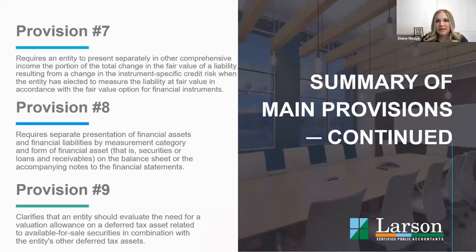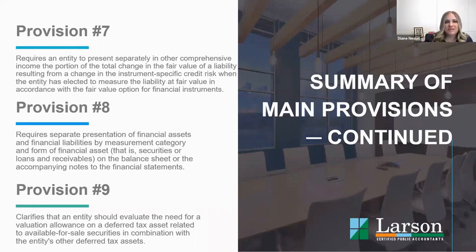So this is one that, again, I think will be really rare on a captive insurance company's set of financial statements, where you have a liability on the books that you would want to elect the fair value option for. So again, I think this will be one that you probably won't see, but we wanted to make sure that you're aware of that provision of the update.